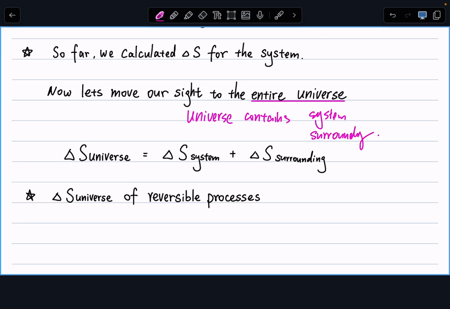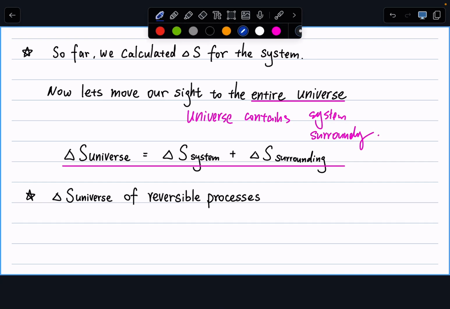Because entropy is an extensive function, right? An extensive function means it equals the sum of each of its parts. So if we're looking at the delta S of the entire universe, we can say that equals the delta S of the system plus the delta S of the surrounding. This equation is true because S is an extensive function.